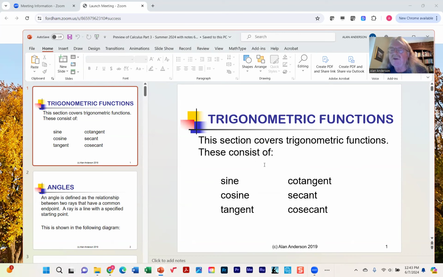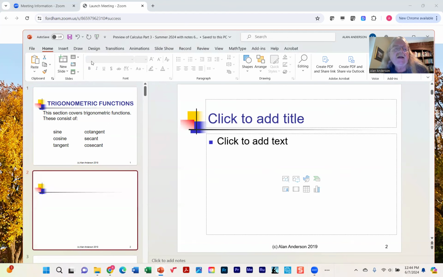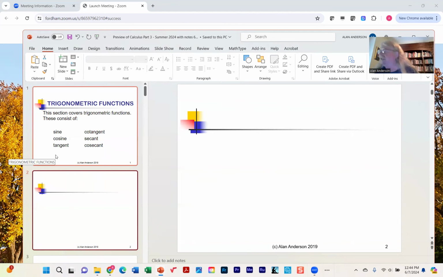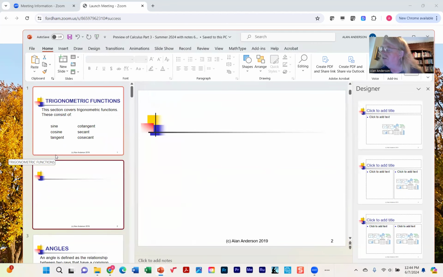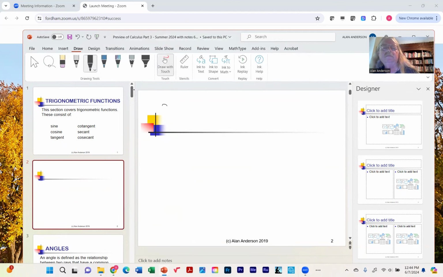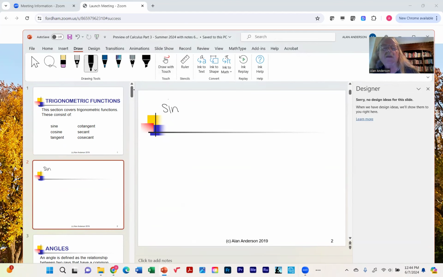So first things first, you'll recall all of these are normally abbreviated. Let me just show you how that works. In case you've forgotten, for example, sine is abbreviated SIN. And you might remember that we often use the Greek letter theta to represent an angle.